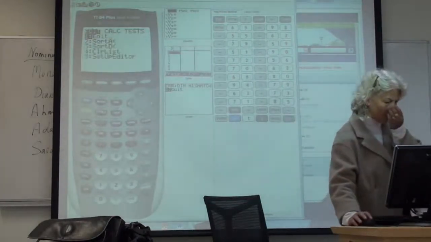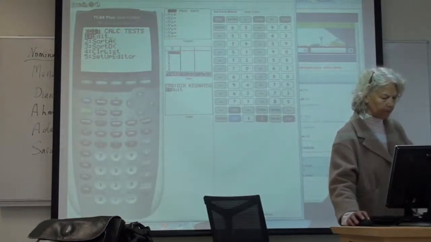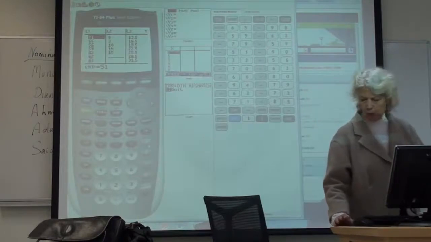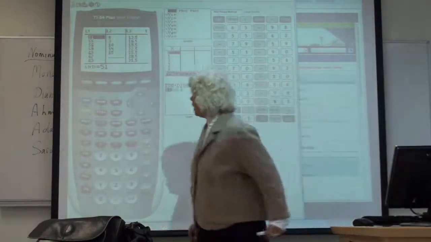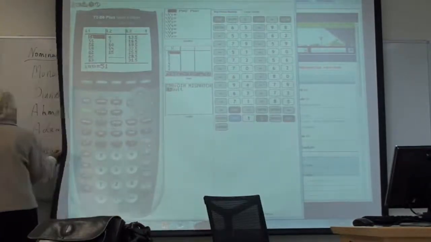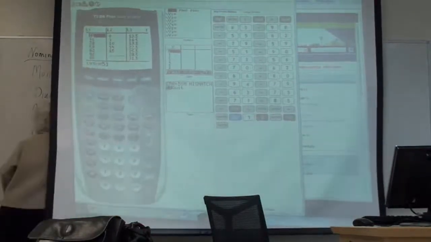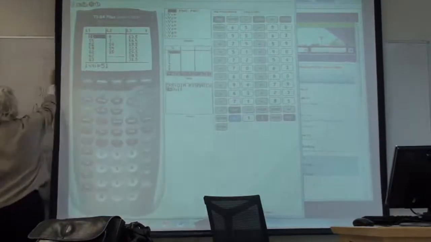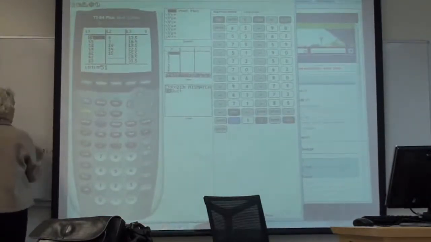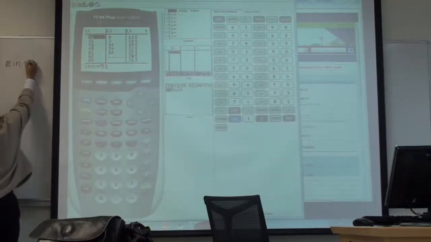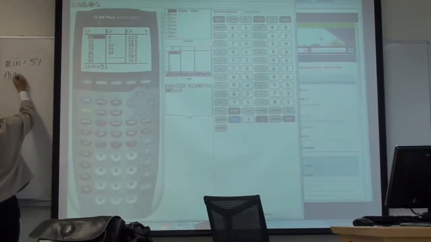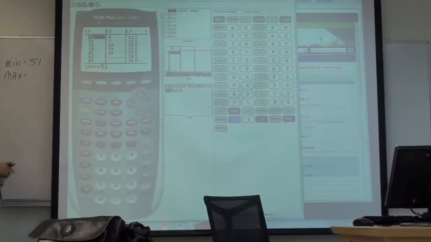Okay, so let's go back and check. So the smallest number of oil changes that they do. So min is 51, max is 98.